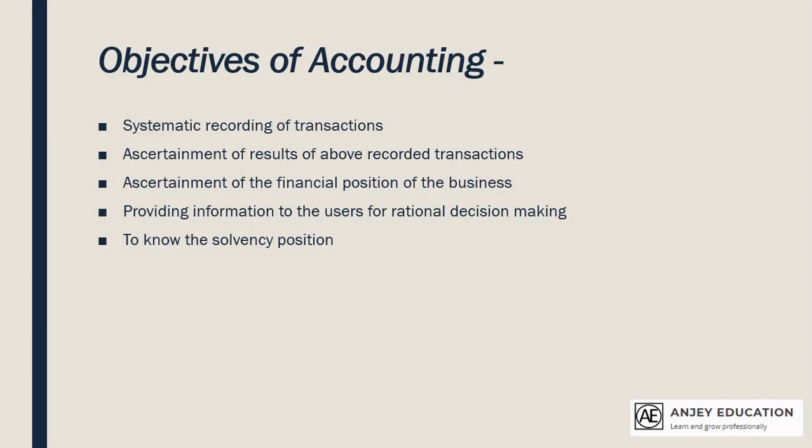Stakeholders refer to the balance sheet as on the date to know the financial position of the business, providing information to the users for rational decision making. Accounting aims to meet the information needs of decision makers by communicating the financial result of an organization and thus aids in decision making.